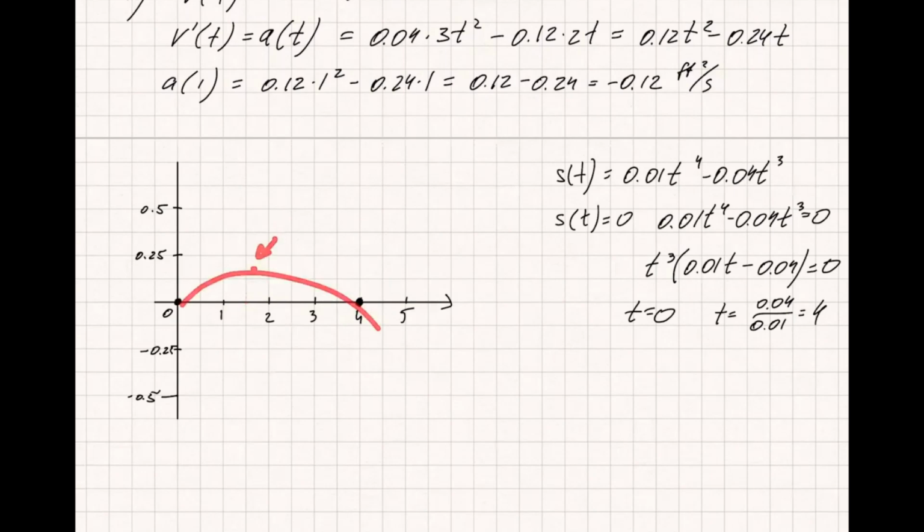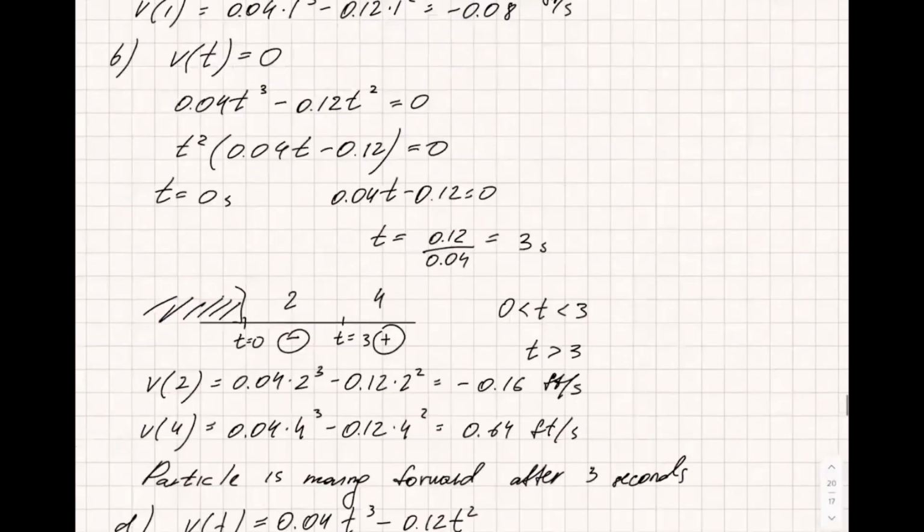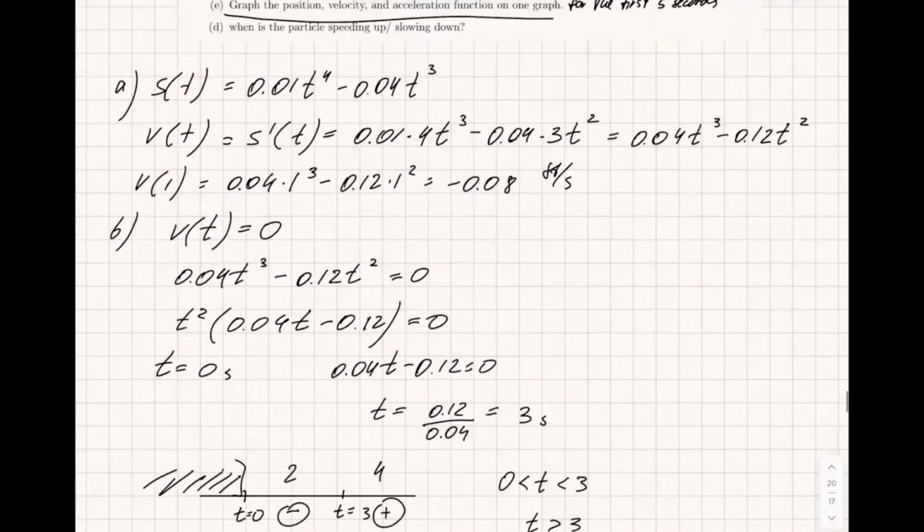If I have a parabola that goes this way, I have a minimum, which also shows that I have a vertex where the velocity is equal to 0. So let's go back and see where our velocity was equal to 0. Velocity was equal to 0 at t equals 0 and at t equals 3 seconds.